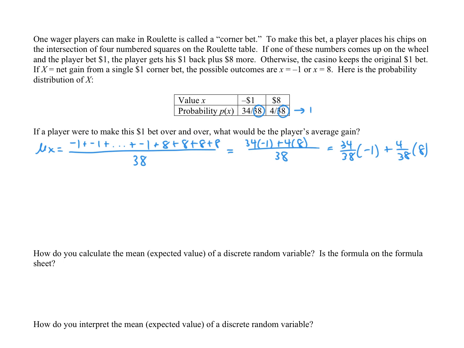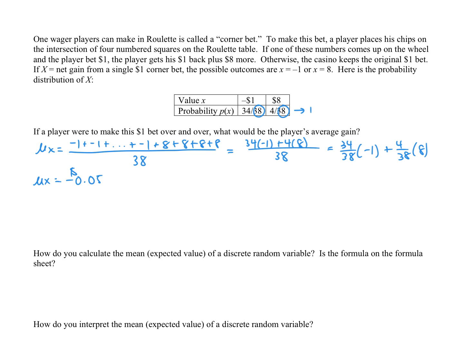And so if you do that calculation, the mean ends up being negative 5 cents. Forgot my dollar sign. Negative 5 cents. What does it mean that the mean is negative? On average, we're expecting the player to lose.